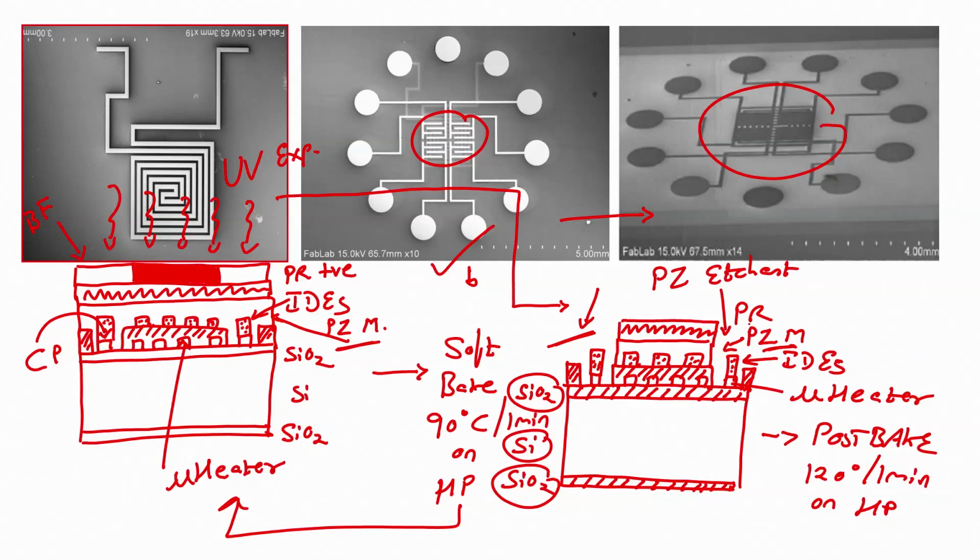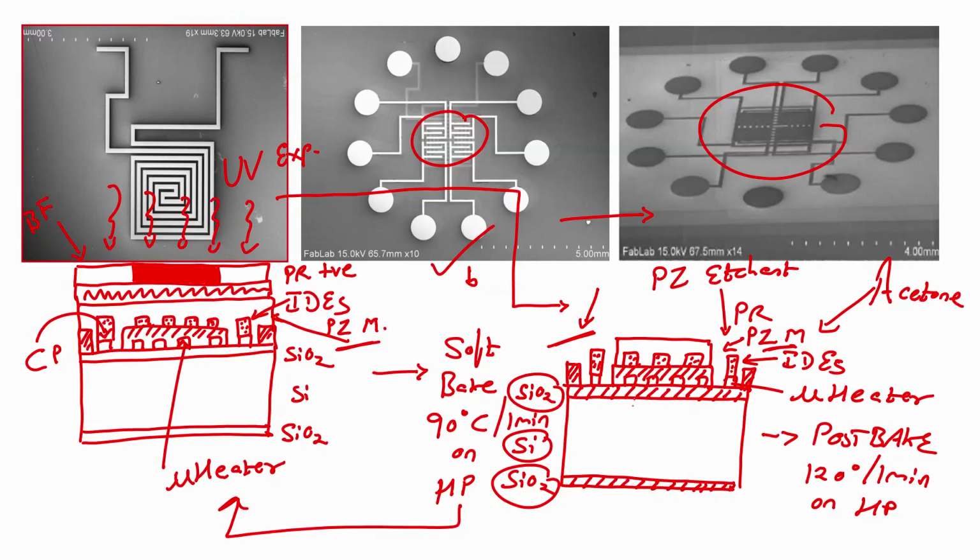After this, what is the next step? We have to dip this wafer in acetone. Why? Because we do not want photoresist, we have to strip off the photoresist. So, if I dip this wafer in acetone, what will I have? I will have piezoresistive material on my interdigitated electrodes, right.